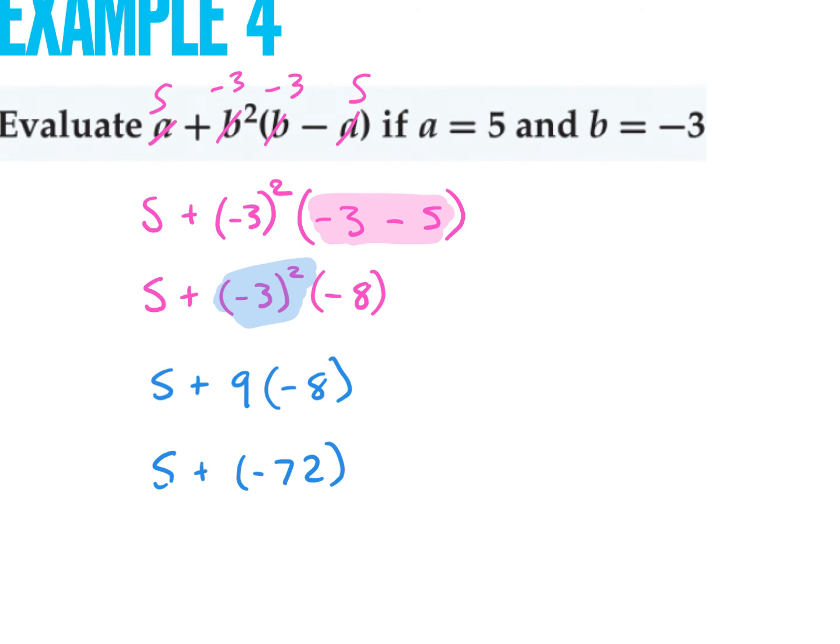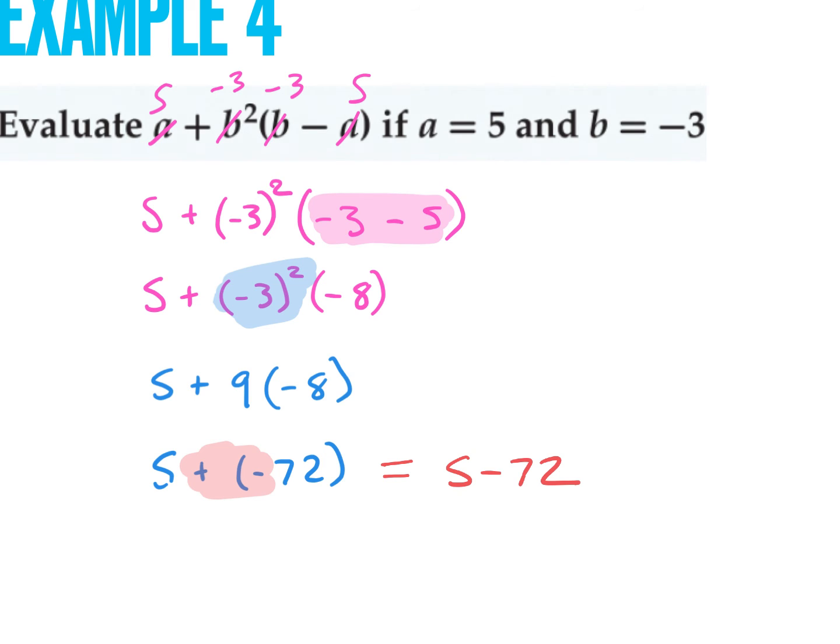If I'm adding a negative number, what's another way that I could write this? Awesome. This is the same thing as saying 5 minus 72.